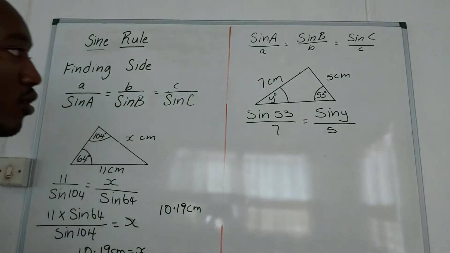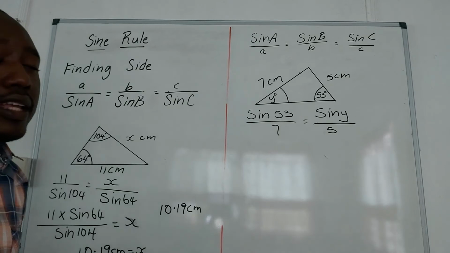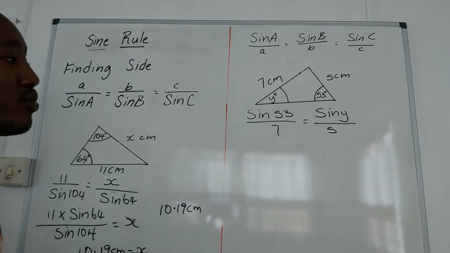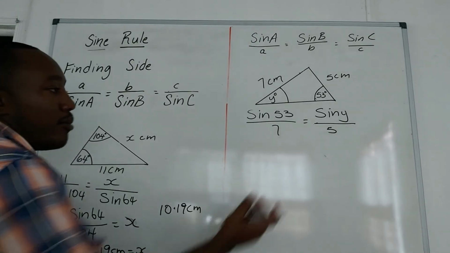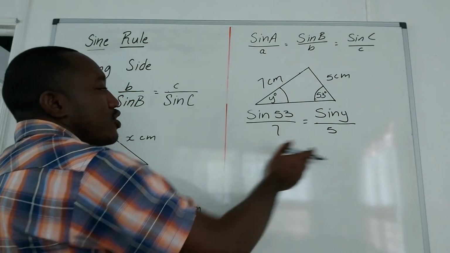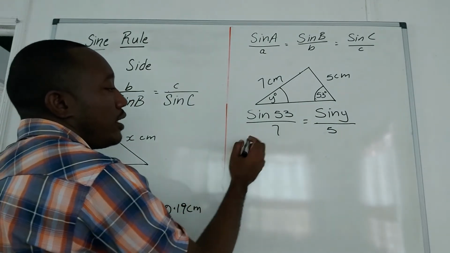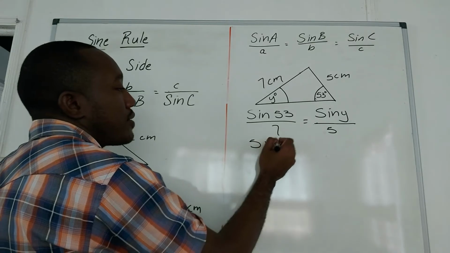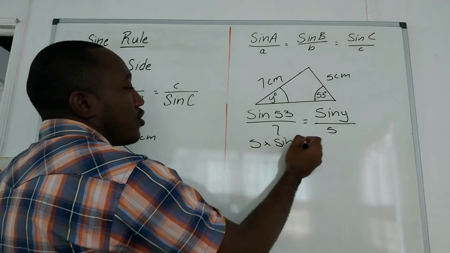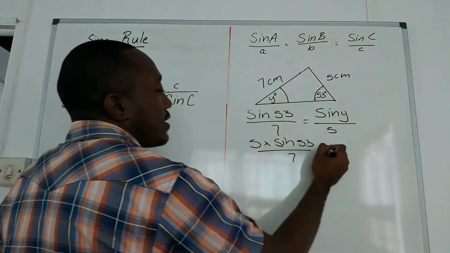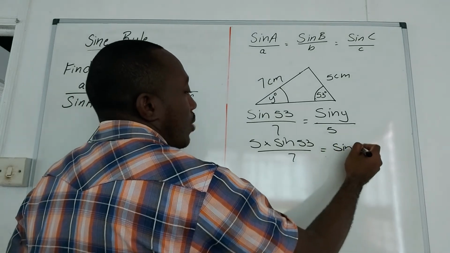Sine y over 5. So again, since we want y, we will transpose our formula. Bring the 5. 5 is dividing, so when it comes over, it will multiply. So 5 times sine 53 over 7 is equal to sine y.